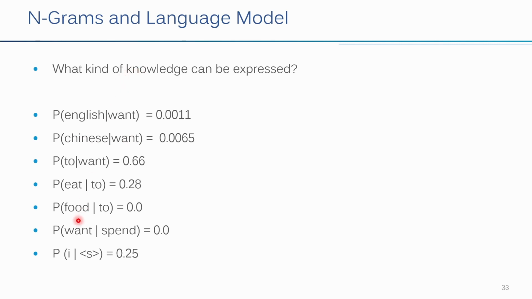In this case, we're talking about food. Also, in this sequence, we can see that if we have this initial token, we're talking about the beginning of our sentence, and so on. Okay?